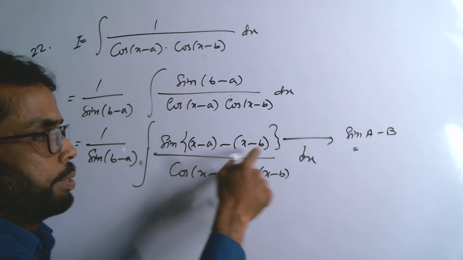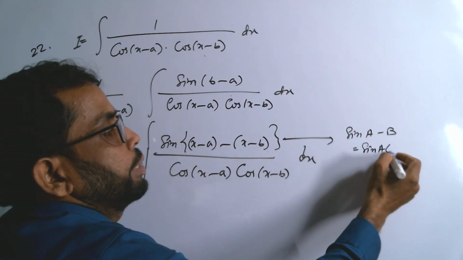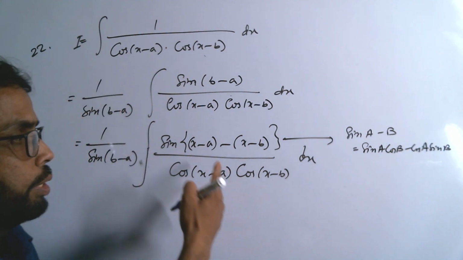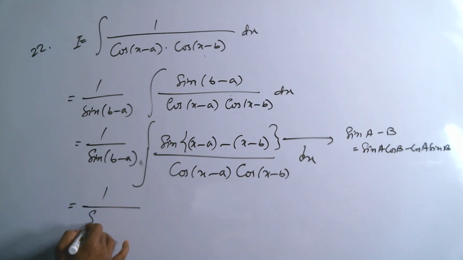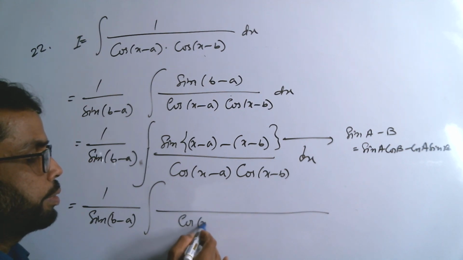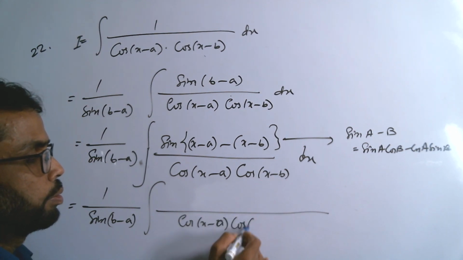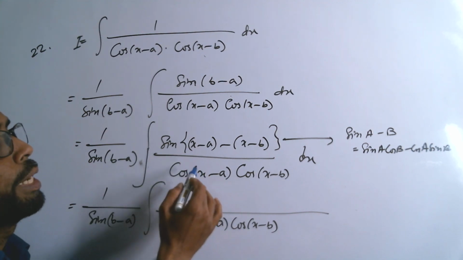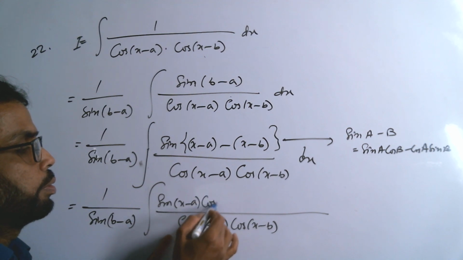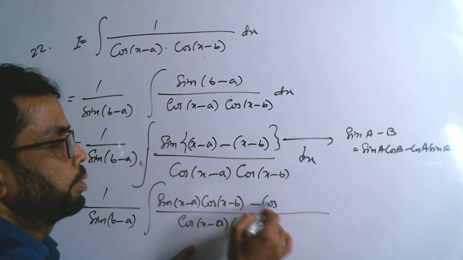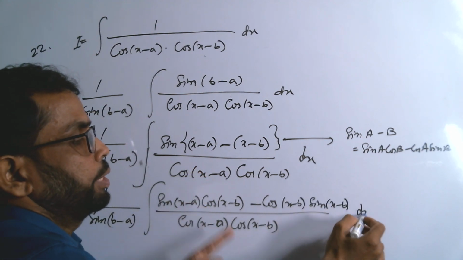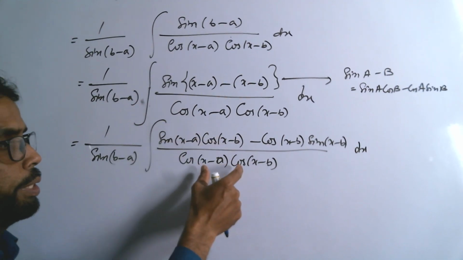Now for this numerator we will apply the sine of a minus b formula. Sine of a minus b, we know, is sin a cos b minus cos a sin b. So this formula we are going to use in the numerator, denominator as it is. Now we will split the first term by the denominator minus the second term by the denominator.